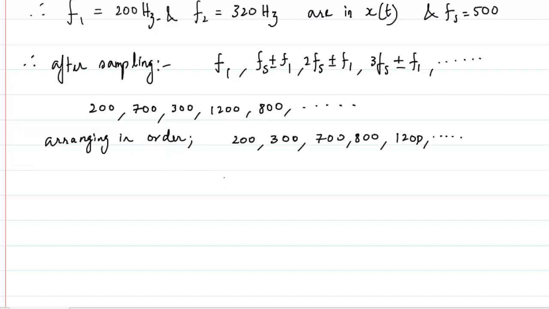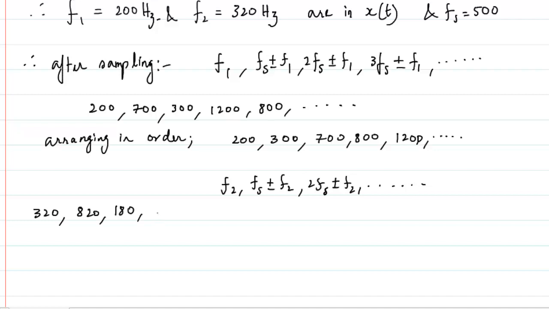Similarly, f2 is there, so I should find fs plus minus f2, 2fs plus minus f2, like that. f2 is 320, fs is 500, 500 plus 320 is 820, 500 minus 320 is 180, correct?